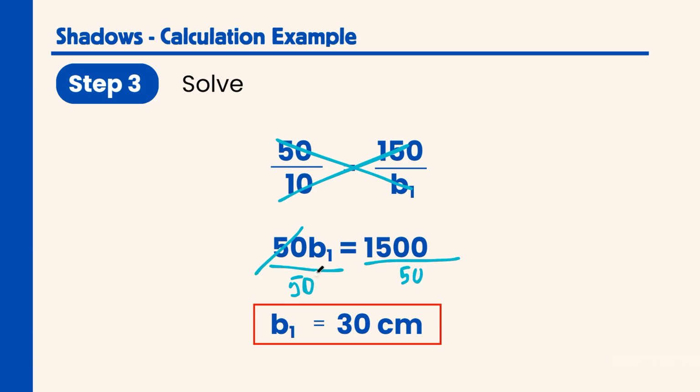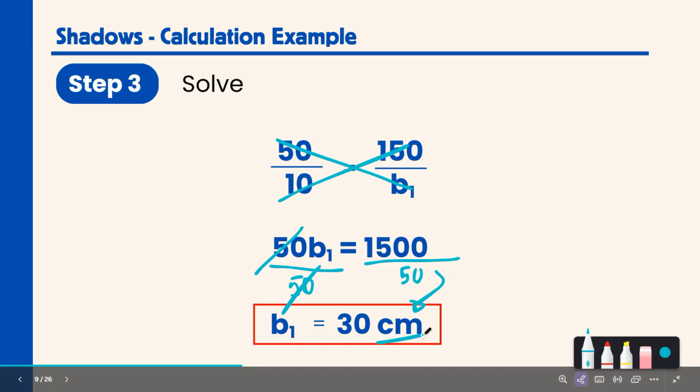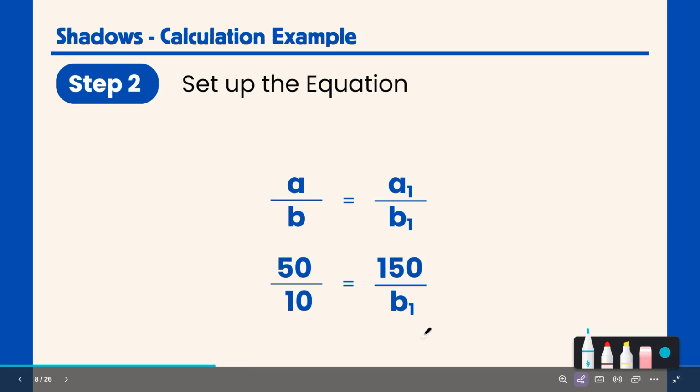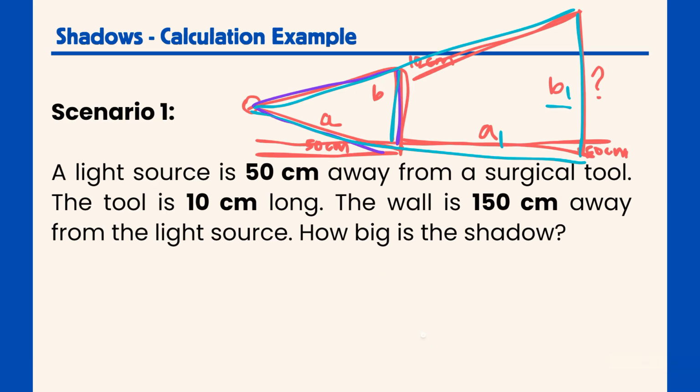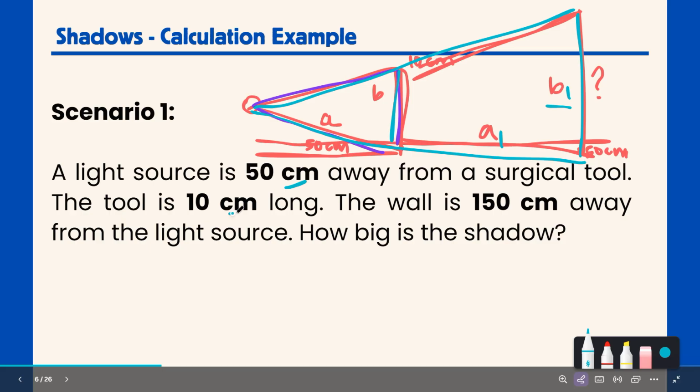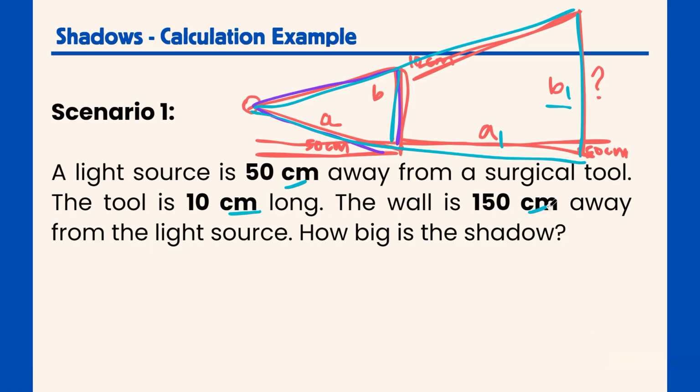And then we have here 1,500 over 50 is equals to 30 centimeters. Don't forget the unit, centimeters, because our givens here are all in centimeters. If lahi-lahi sila og units, then you have to convert them first.